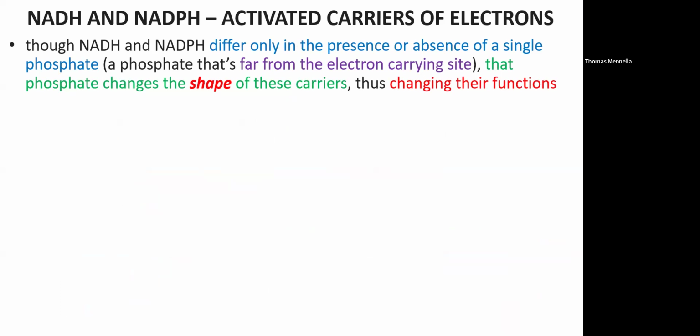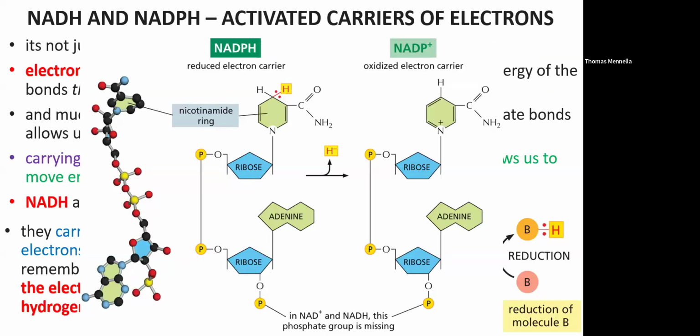I mentioned earlier NAD, NADH and NADPH. Again, those are their reduced forms because they have the hydrogens on them. They differ only in the presence or absence of that one phosphate. That's what the P stands for. And that phosphate's really far from the electron carrying site. If we go back to this example here, we can see that the phosphate that differs between the two is on the exact opposite end of the molecule from where the electrons are accepted.